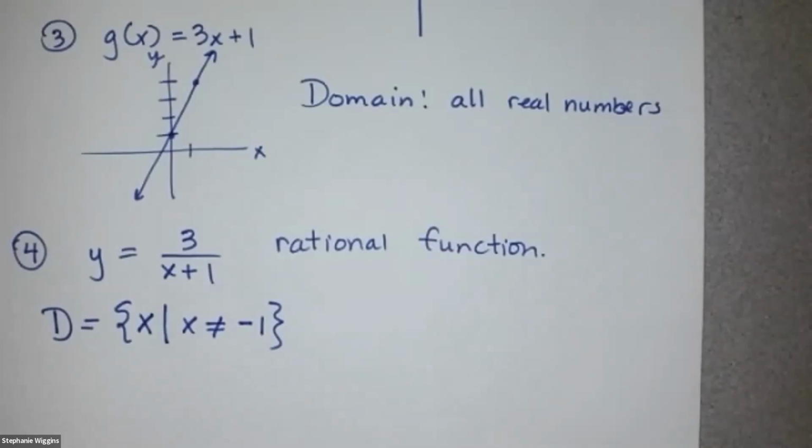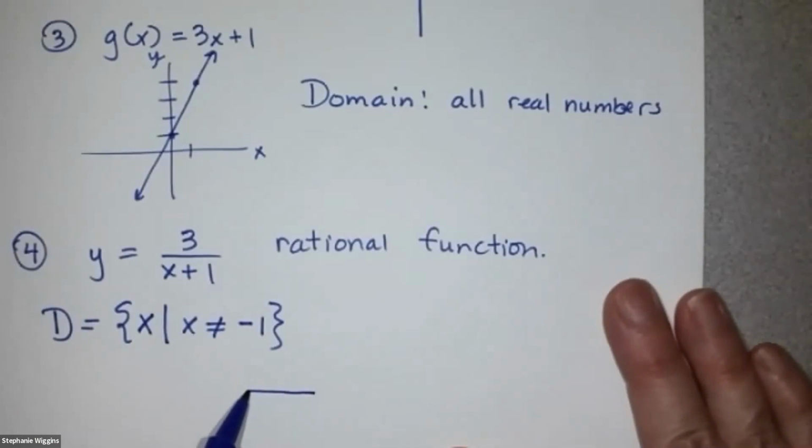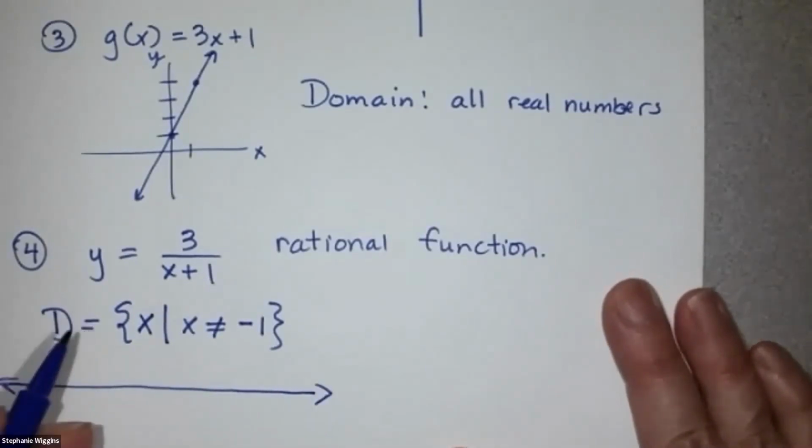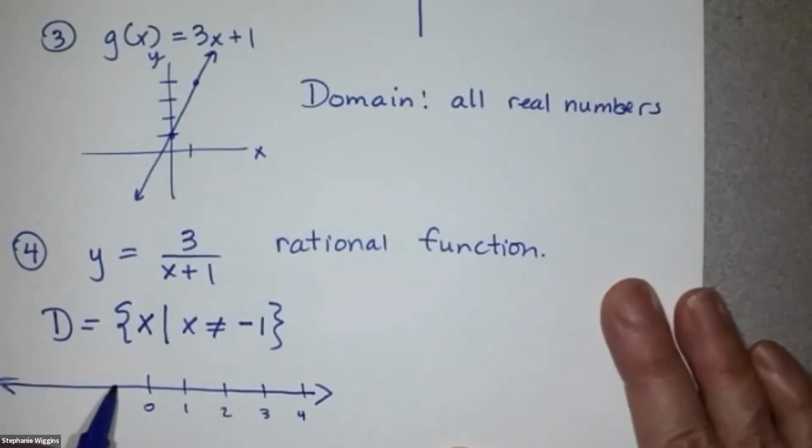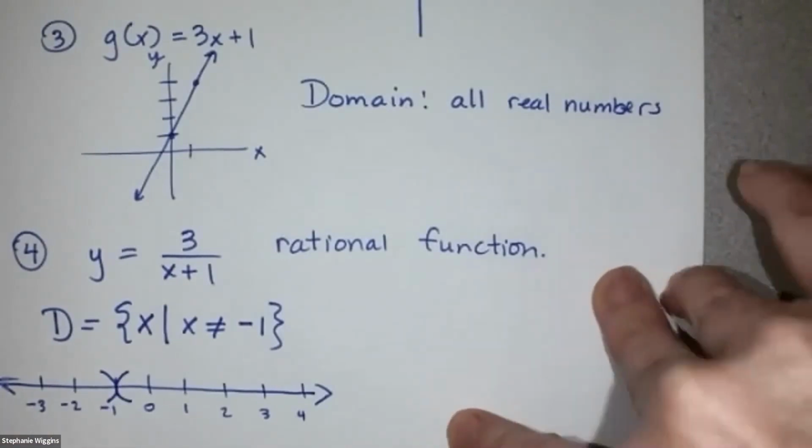So like I said, this is set builder notation, and we can graph this. So here's my number line. Here's -1. I don't want to include it. So in order to not include a number, we use this open bracket or parentheses, if you will.